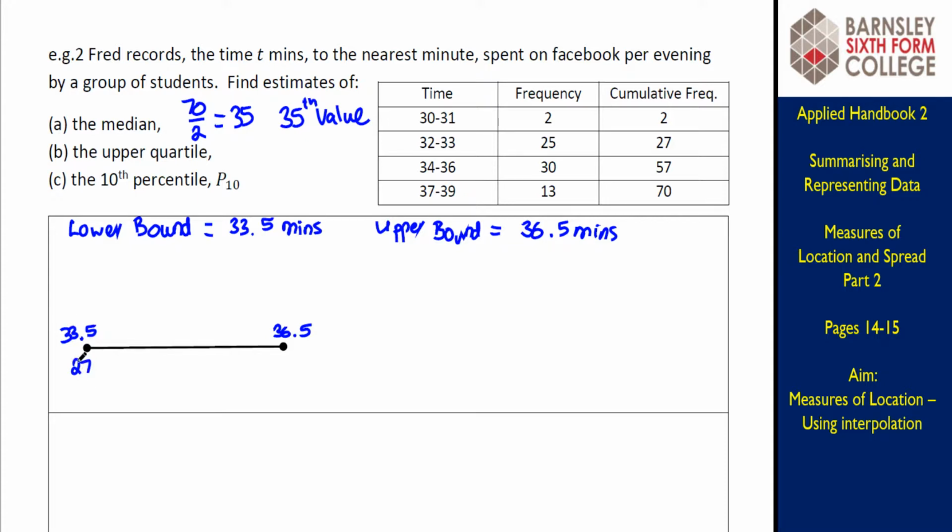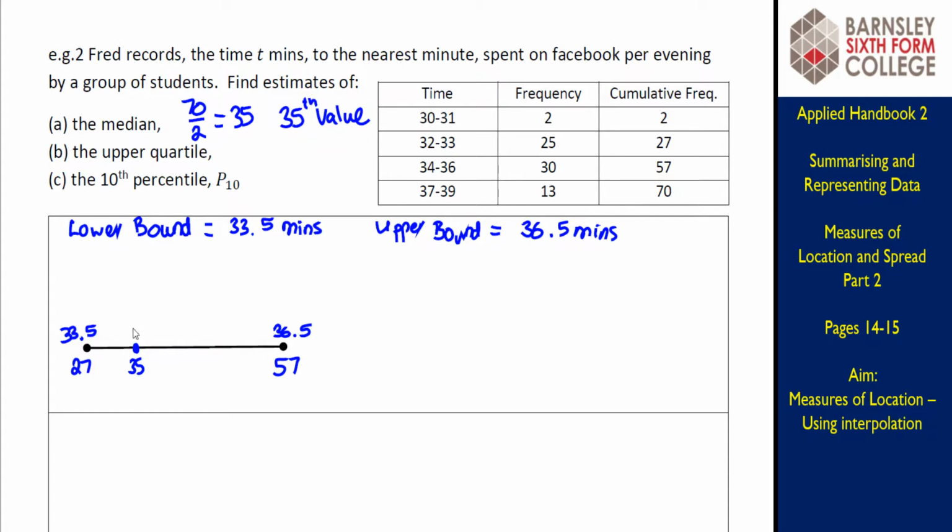This is your 27th value and your 36.5 is your 57th value, and you're looking for the 35th value. So as a little estimate, you'd expect it to be closer to the 33.5 than the 36.5, because the cumulative frequencies go between 27 and 57, and 35 is close to 27.